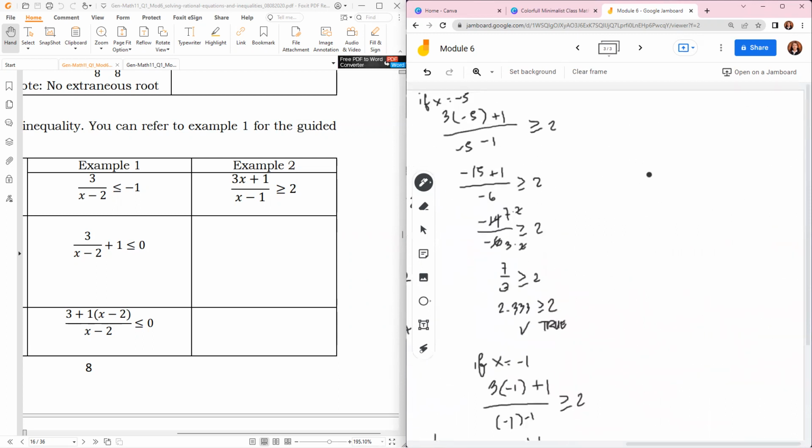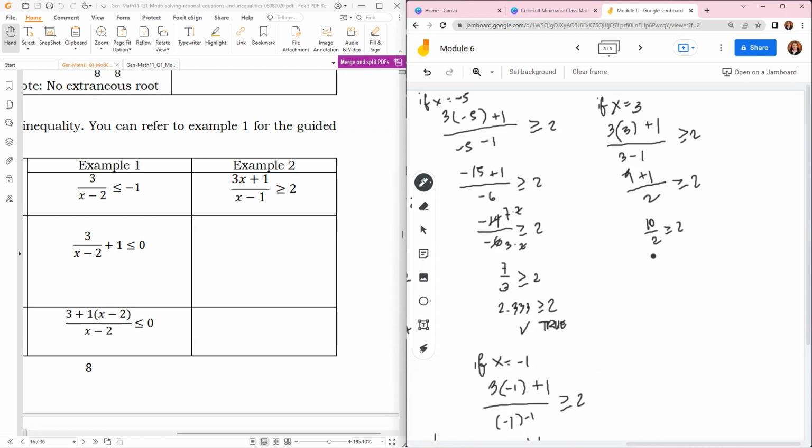Let's try daw kung x is equal to 3. So let's substitute its equation. So 3 times 3 plus 1 over 3 minus 1 greater than or equal to 2. So what is 3 times 3? It is 9 plus 1. Let's simplify. So 3 minus 1, that's 2. 9 plus 1 is equal to 10 over 2, di ba?